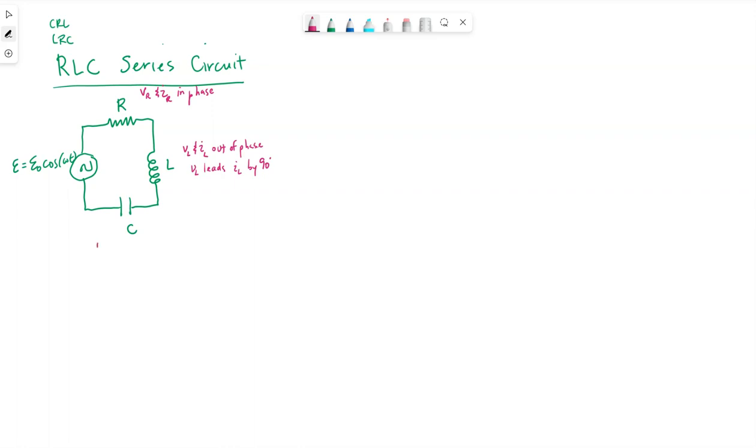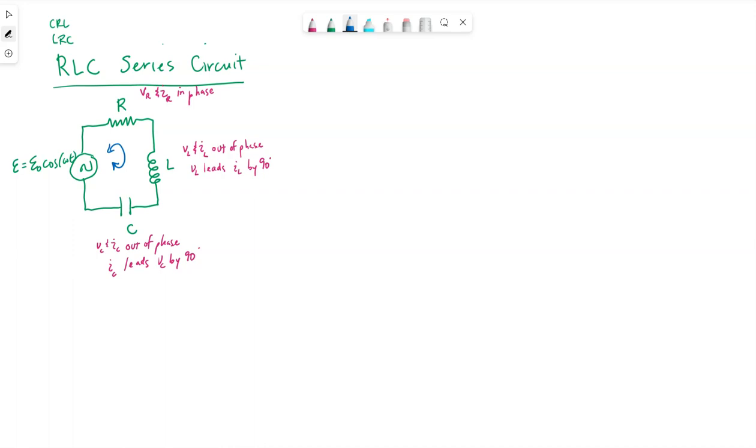With the capacitor, the voltage and the current were out of phase as well. And specifically, the current was leading the voltage by 90 degrees. Because of these phase differences, we have to use the phasor diagram to relate these three together. Now, we know there's going to be current flowing.